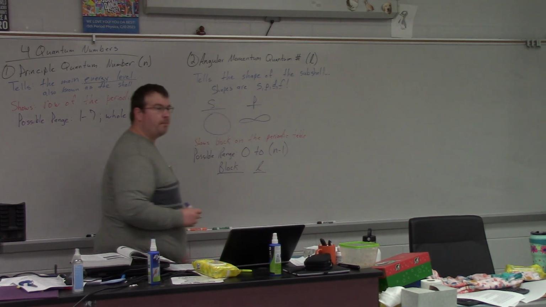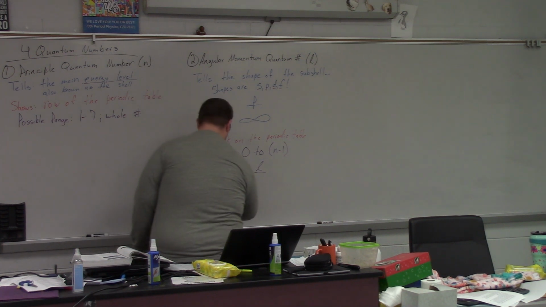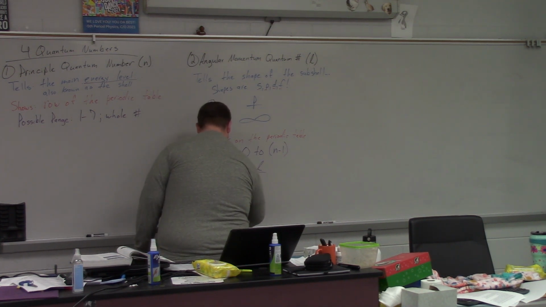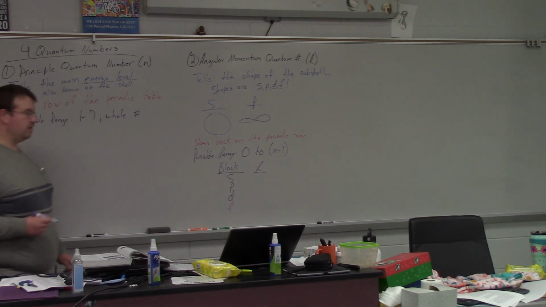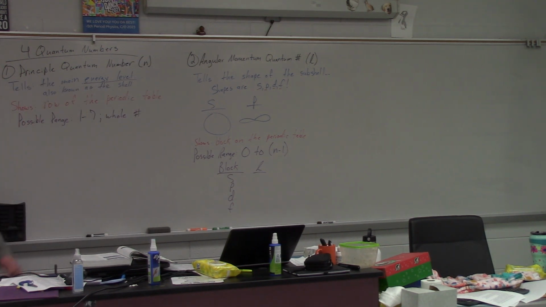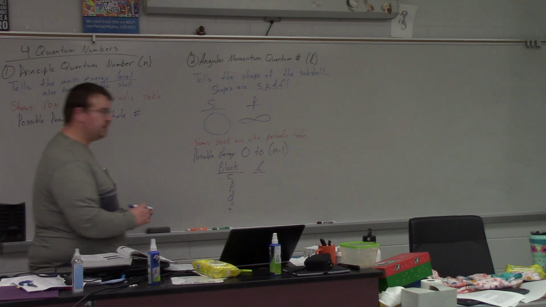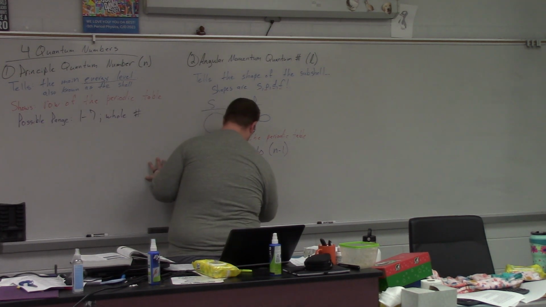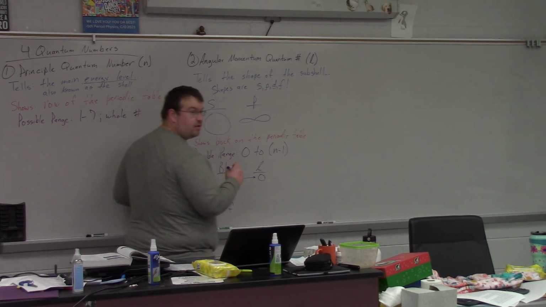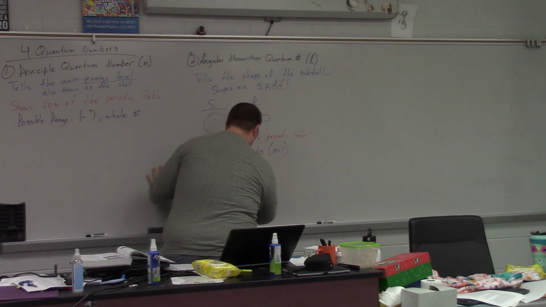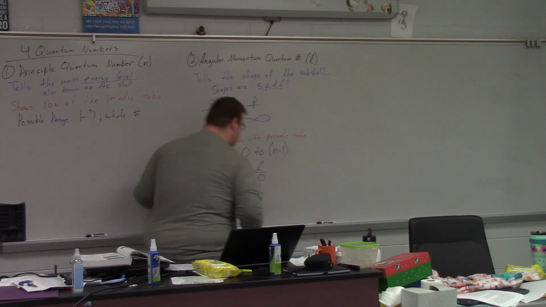You have 4 possible blocks: S, P, D, and F. The value for L, if it is S block, is 0. The value for L for P is 1. The value for L for D is 2. The value for L for F is 3.